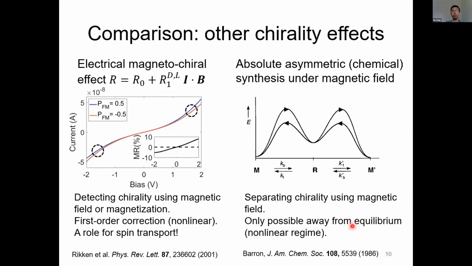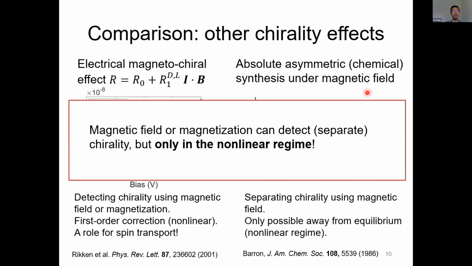If you go away from equilibrium, to the nonlinear regime, this absolute asymmetric synthesis can be induced by a magnetic field. So what these two processes tell us is that they agree with our conclusion that a magnetic field or magnetization can indeed detect or even separate chiralities, but it can only do so in the nonlinear regime.